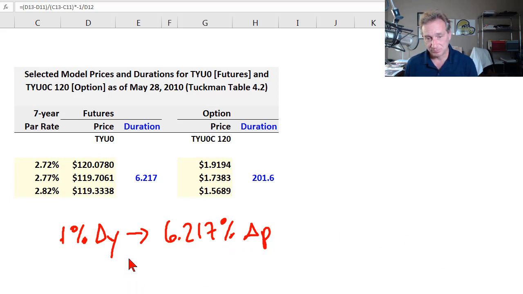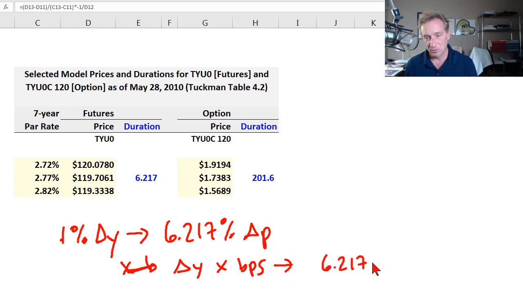Or generally, if the yield changes by X basis points, this implies a 6.217 multiplied by X percentage change in the price of the instrument.